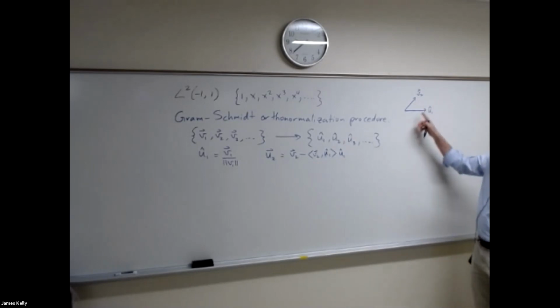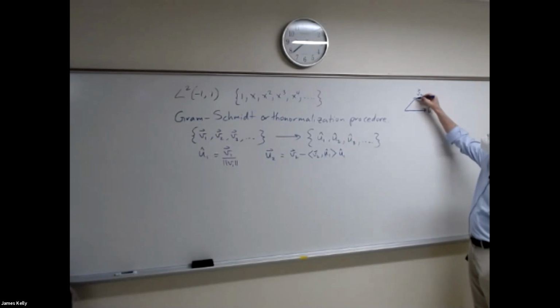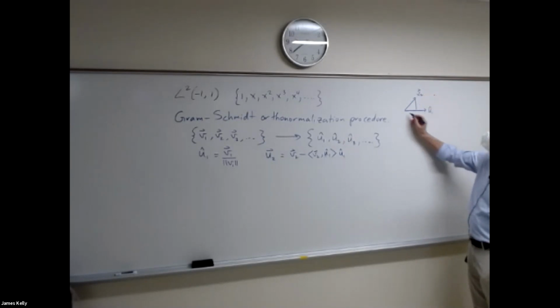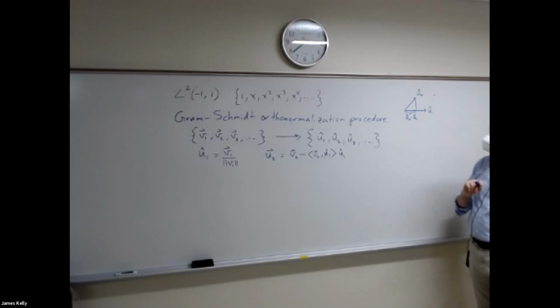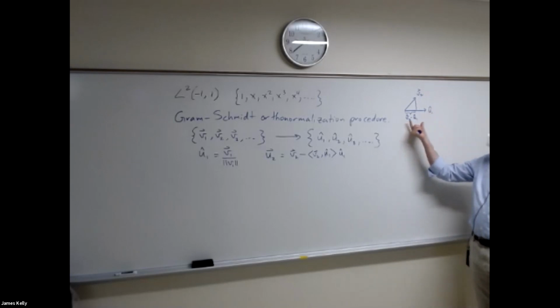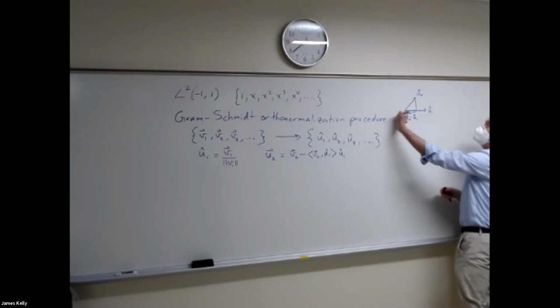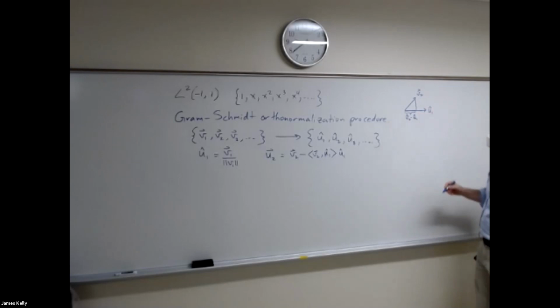What we're doing is taking the inner product of v2 with this unit vector. If you think geometrically, this distance right here is going to be v2 dot u1 hat. And since this is a unit vector, when I take that magnitude times u1 hat, it's going to be a vector along the direction of u1 hat.